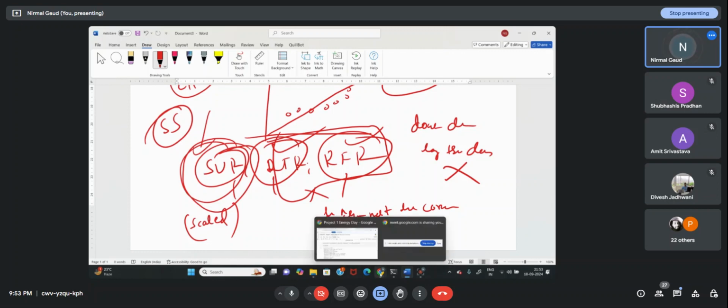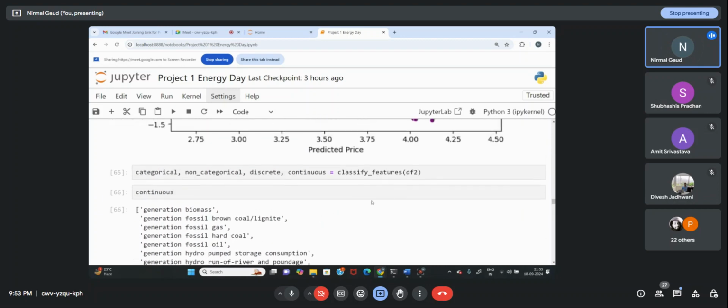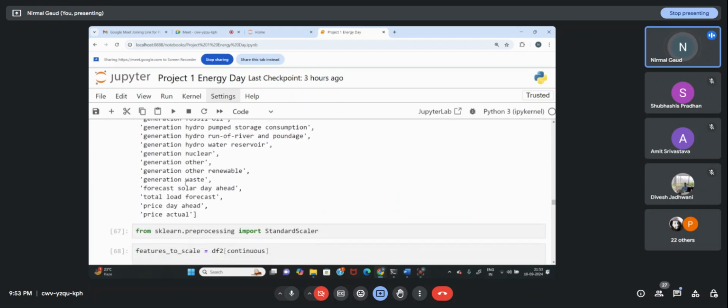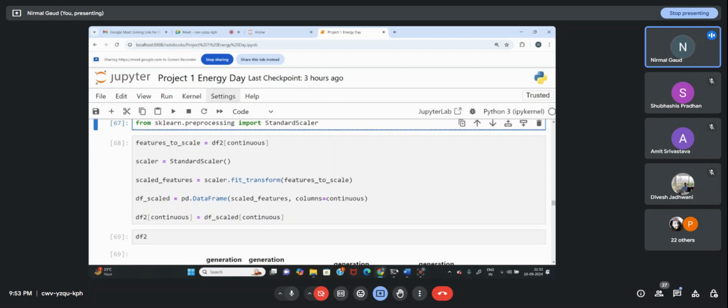Okay, so here you can see what I did. With DF2 also, I performed the preprocessing. These are my continuous features, and I imported standard scaler for preprocessing of the data. What is standard scaler?